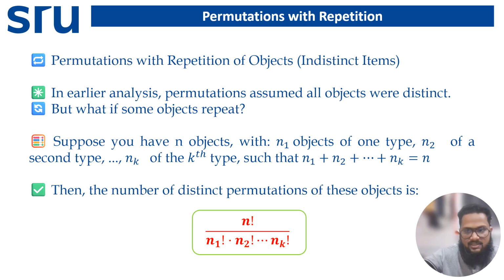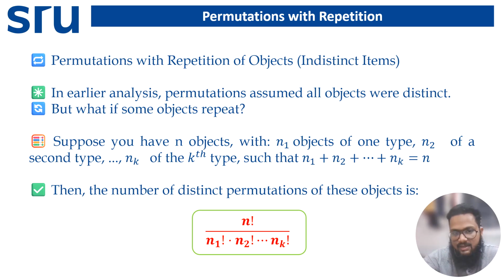Now the next concept is called permutations with repetition. Here the concept is that if the number of objects is n, with n1 objects of one type, n2 of a second type, and nk of the kth type, so different types of objects are there, and the first type can have n1 repeated objects.